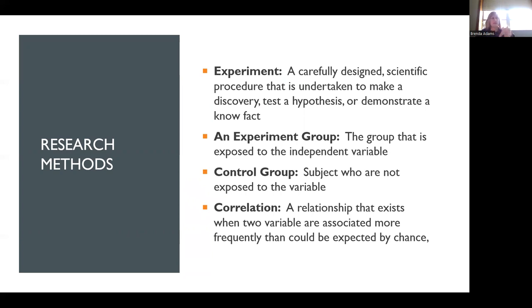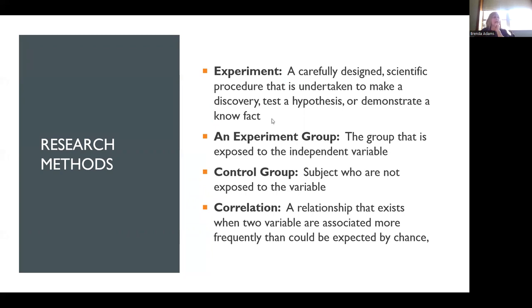You give the experimental group a whole bunch of Mountain Dew. The control group doesn't get the Mountain Dew. Then you look at both of those groups, and you make a correlation as to whether Mountain Dew makes these people hyper and jittery more so than the control group. And that's how you get your information.